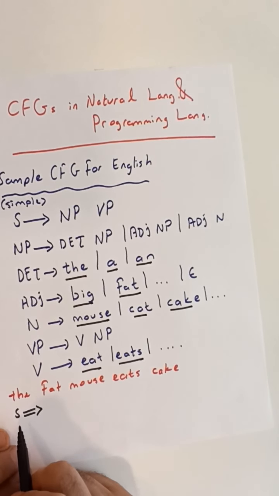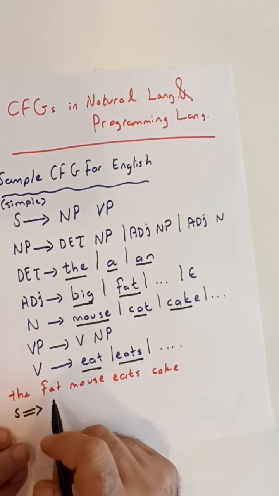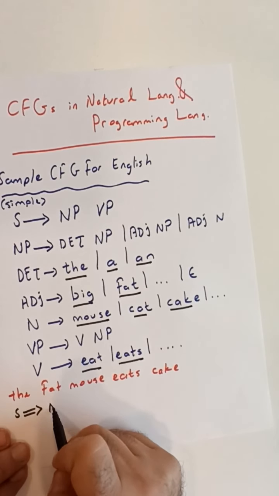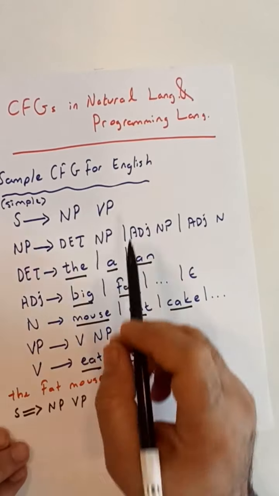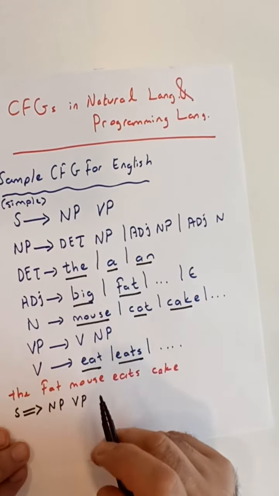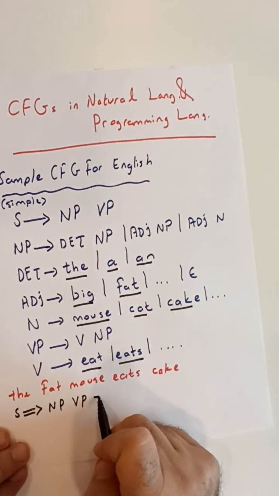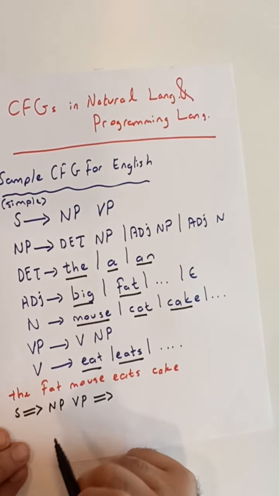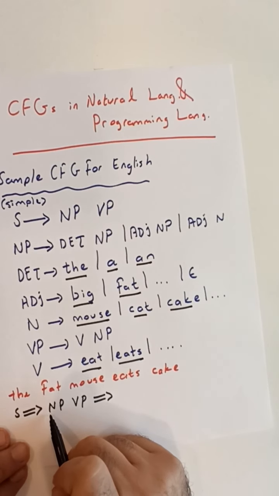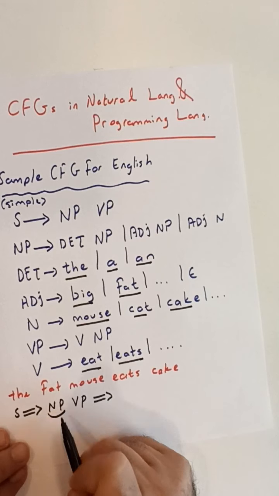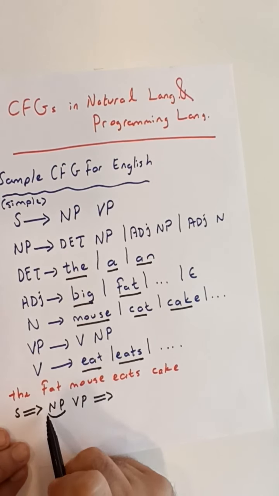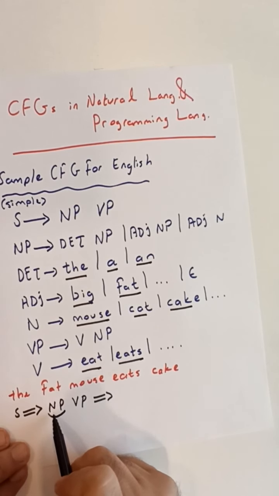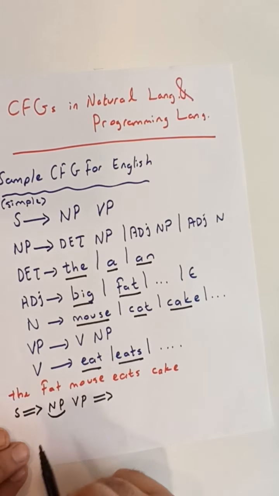So let's start our derivation. We expand the starting variable S with the rule, noun phrase, verb phrase. We only have a single rule in this case. Let's try to do only leftmost derivations, where each time we expand the leftmost variable. In this case, we have two variables. At each derivation step, we will expand the leftmost variable, in this case NP.